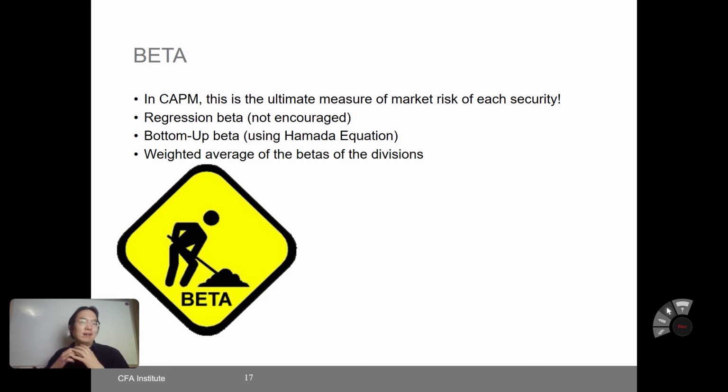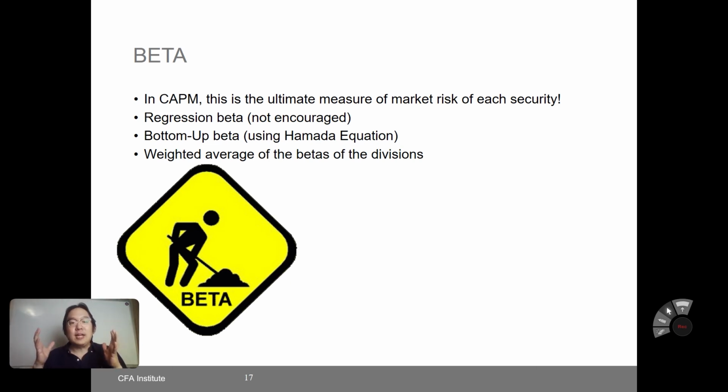What do you mean? You know, the conceptual issue of beta is that we are trying to estimate the covariance of your security with respect to the market portfolio in equilibrium, and we want to use this as an estimate going into the future.